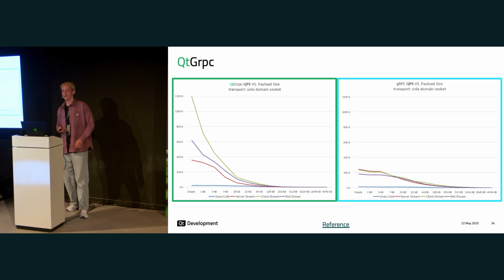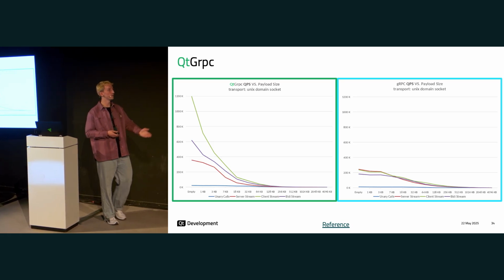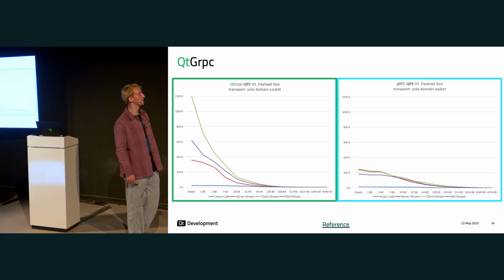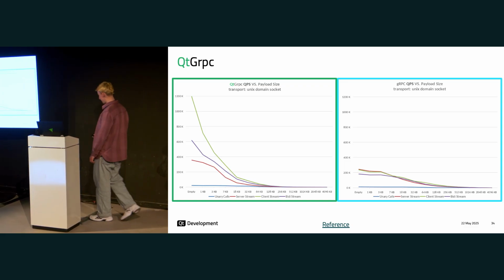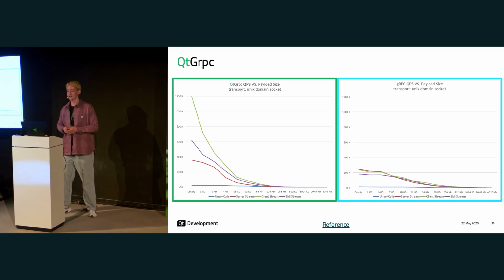And you can also see that in the QPS benchmarks, so how many queries per second we can achieve. And you can see we totally spin loose here in the client streaming case, 1.2 million queries that we can handle there. gRPC doesn't have such a result there.